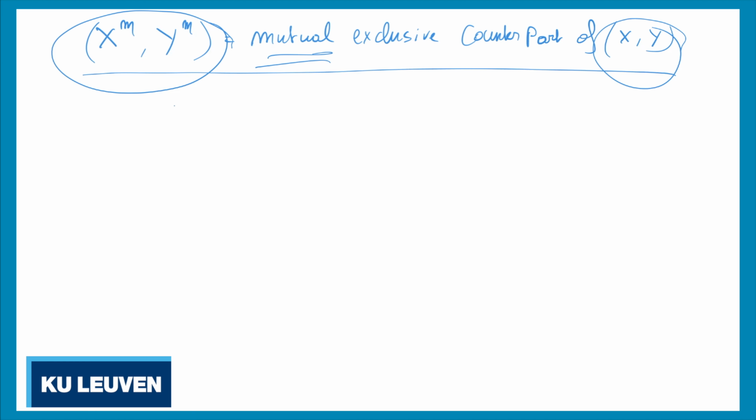So it means that X^m has the same distribution, this two-point distribution X, and Y^m has the same distribution as our original marginal variable Y. However, in the mutual exclusive counterpart, we have that X^m and Y^m are mutually exclusive.